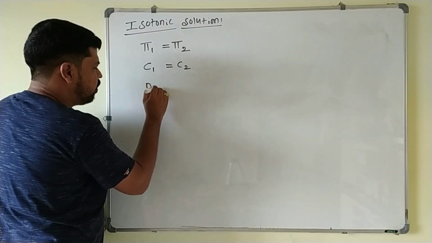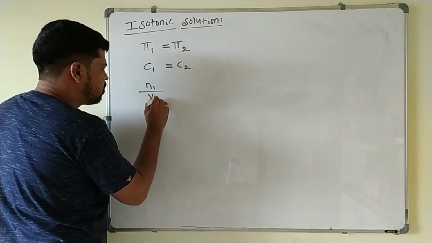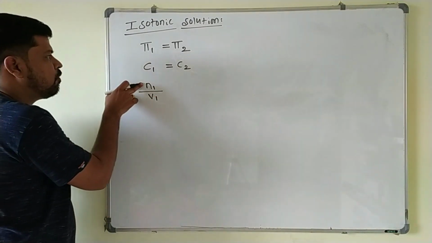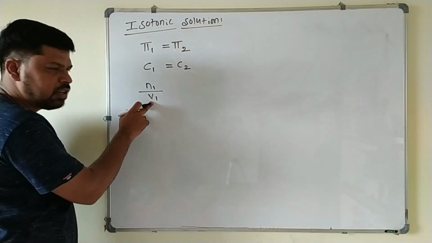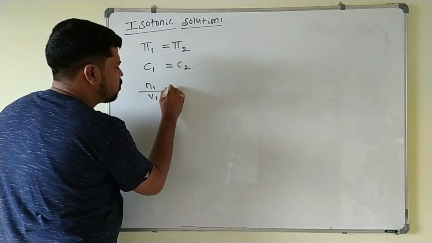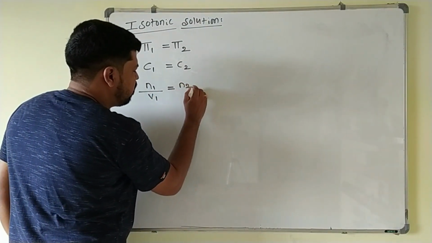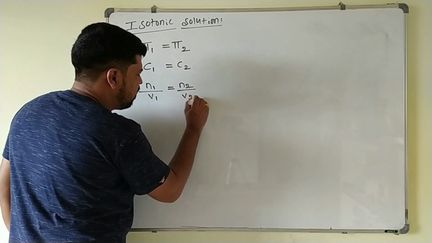For solution 1, molarity is written as the number of moles of solute present in 1 liter of the solution: number of moles of solute divided by volume of the solution in liters. Similarly for solution 2, number of moles of solute divided by volume of the solution in liters.